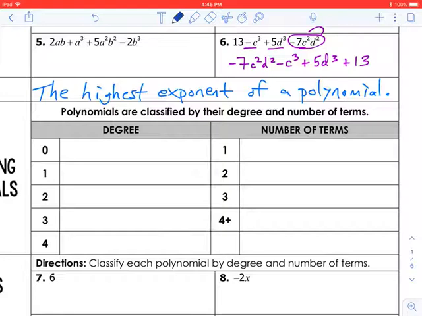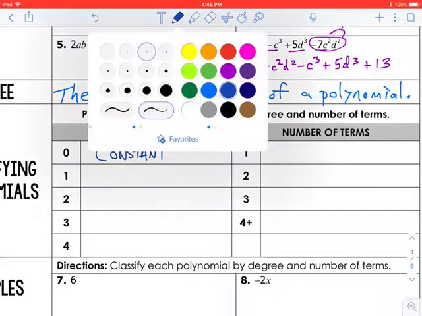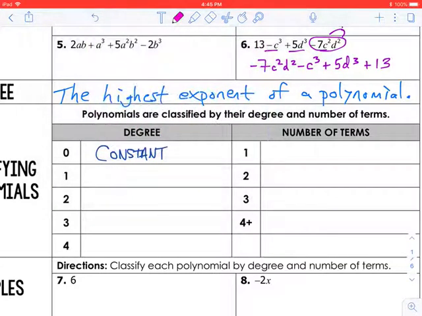Okay, sorry, I found it. So 0 means that there is no exponents. So it's just a constant, and that's what it's called, a constant. Okay, so for example, that could be something like 3. That would be a constant.